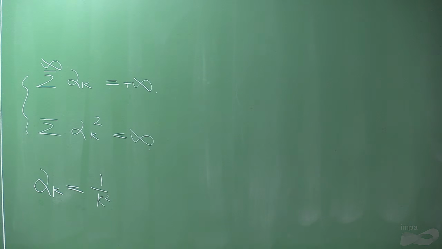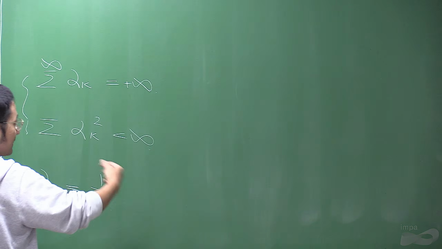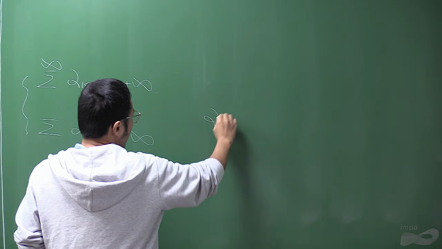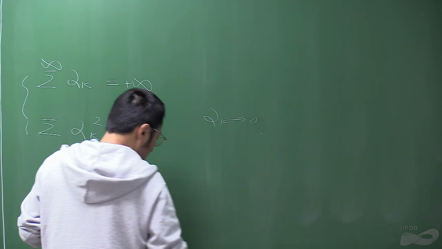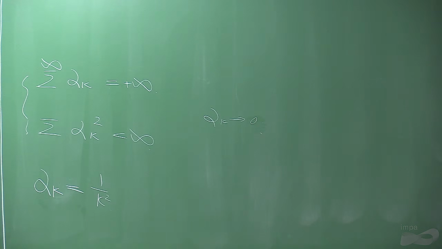So if we can determine the step size before you go to your iteration, sometimes it can save the cost of computation, okay? But this kind of step size has a disadvantage such that alpha k will approach 0, which is why it is called the diminishing step size, okay?